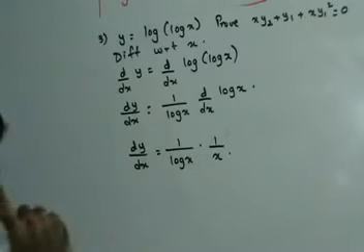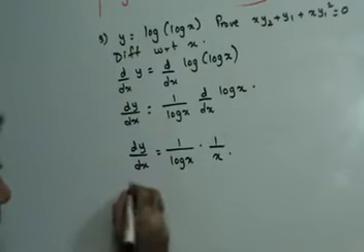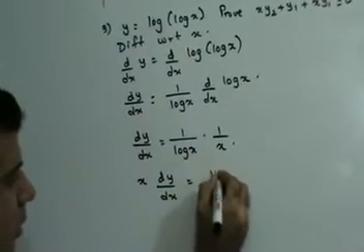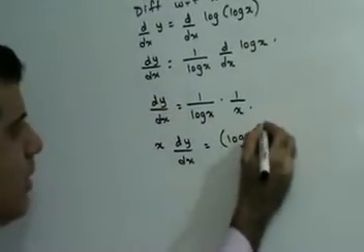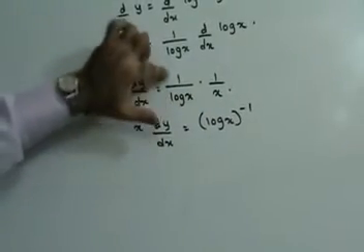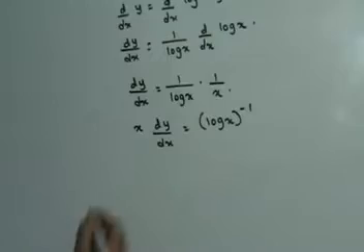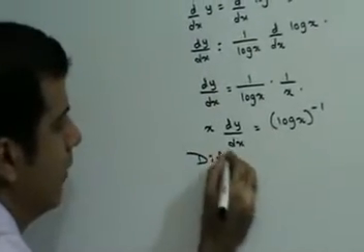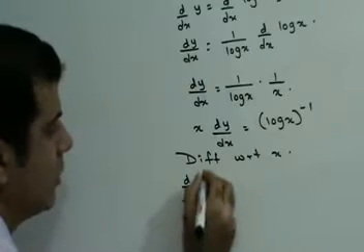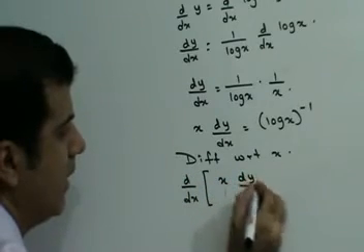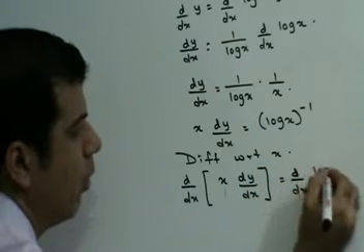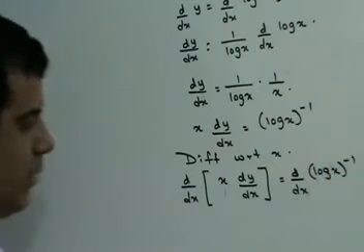Now I could take that x on the other side, so I'll get x dy/dx is nothing but (log x) raised to minus 1. I took the x on the other side and log x in the numerator, that becomes (log x) raised to −1. Now differentiate with respect to x, so you will get d/dx of x dy/dx is equal to d/dx of (log x)⁻¹.